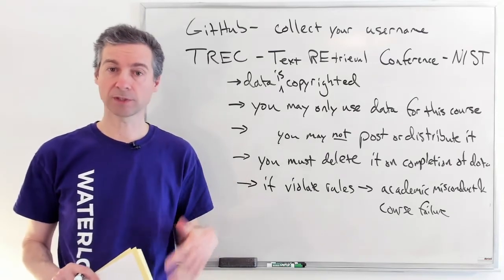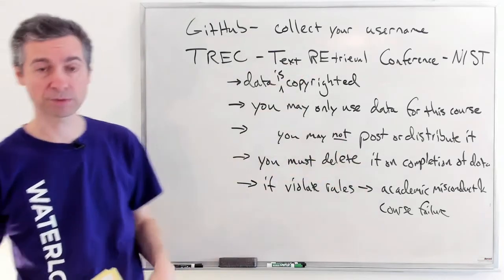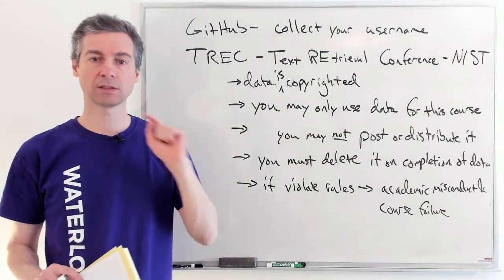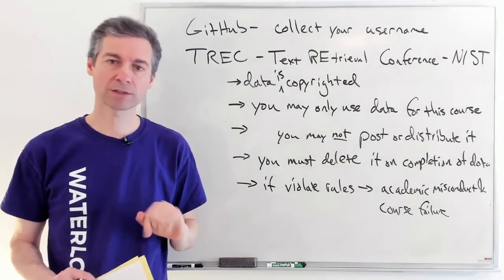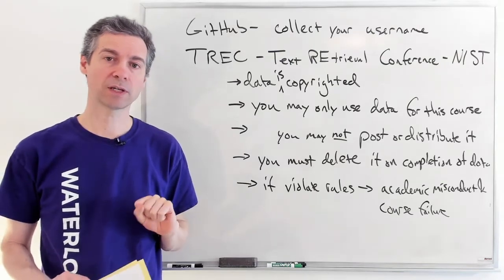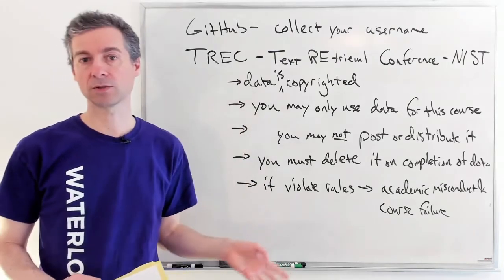Read it carefully. You'll see that it says this sort of thing, but there are also other restrictions on it. Sign it, and then upload it to the Learn Dropbox. Once you have done that and we have verified that you've signed and agreed to this agreement, we'll be able to release the data to you for use.